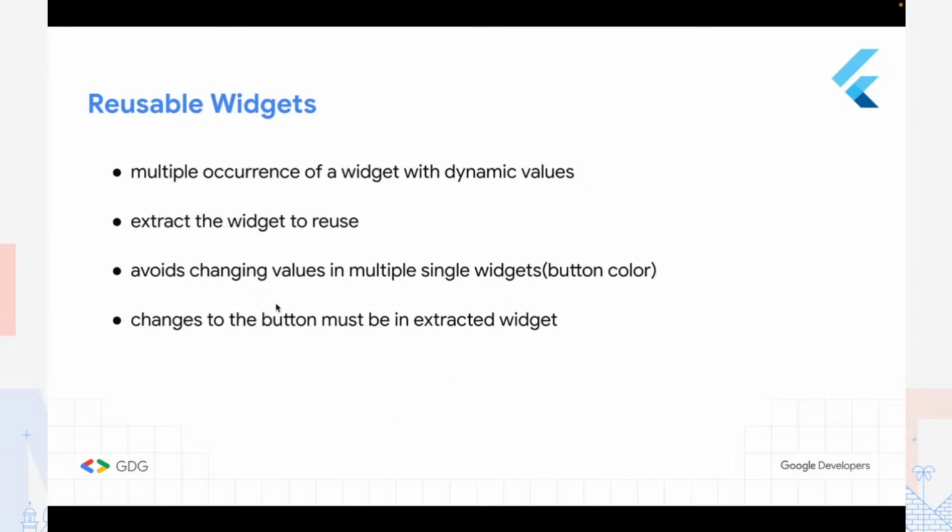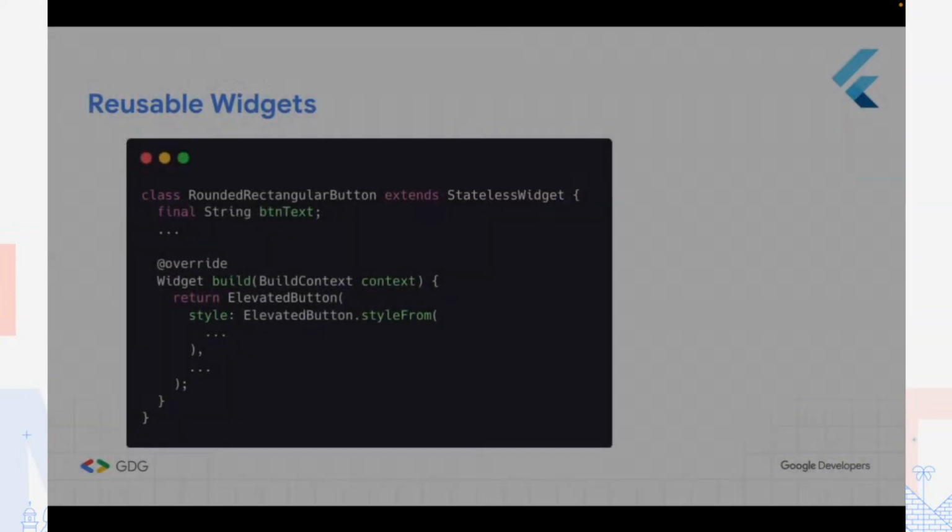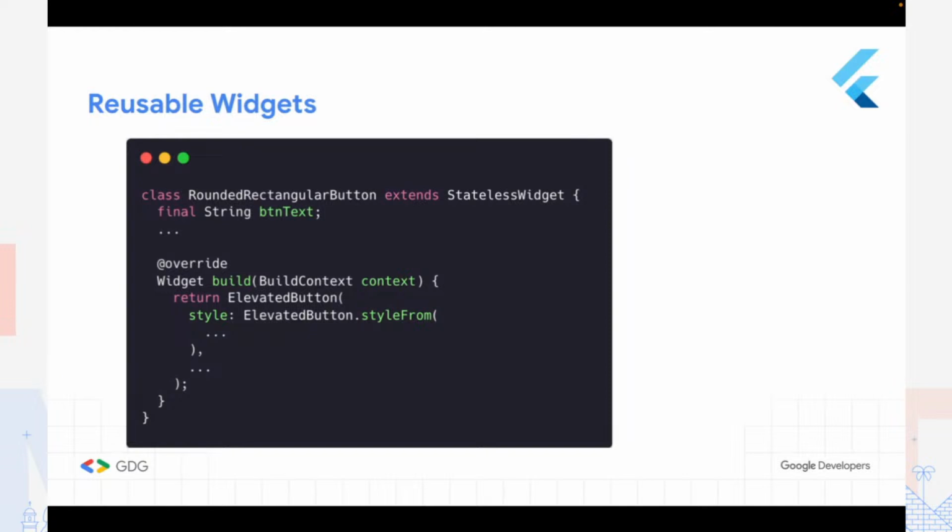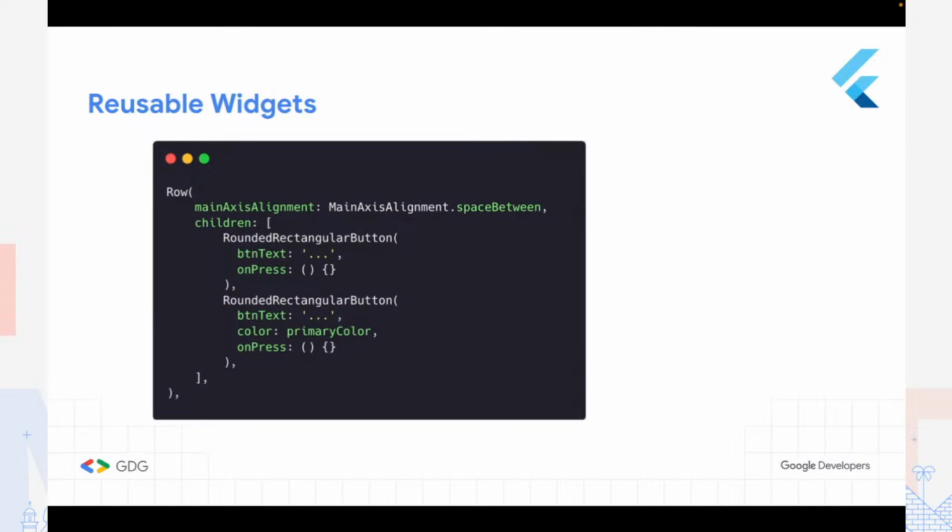And changes to the button must always be done in the extracted widget and not the reused widget. So this is the extracted widget. This is where the button code actually goes in. All the color, the styling, and everything goes in this widget. If I have any change in color, I come to this widget and I change the color. And this is the reused widget. Here I have specified color, but it's not a mandatory element.